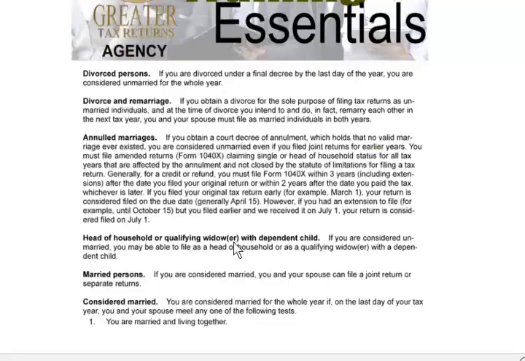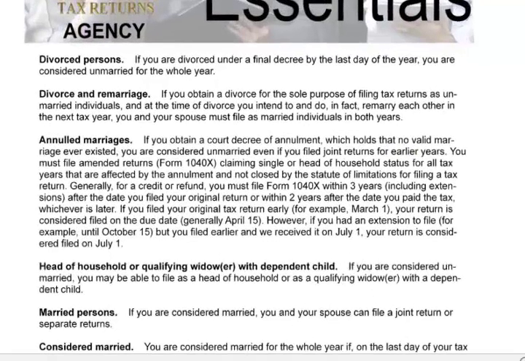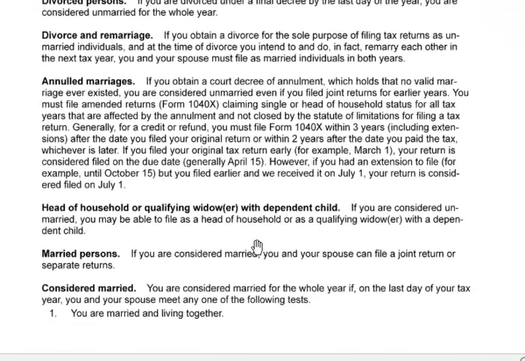Head of household or qualifying widowers with dependents. Let's bring this in. If you are considered unmarried, you may be able to file as head of household or as a qualifying widower with a dependent child. And that's it. It's just as simple as that. Okay, so we're going to move on.